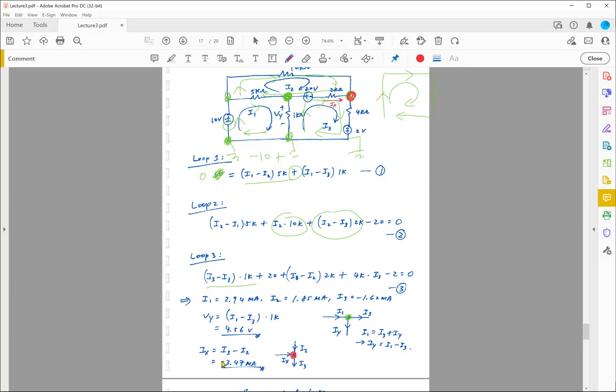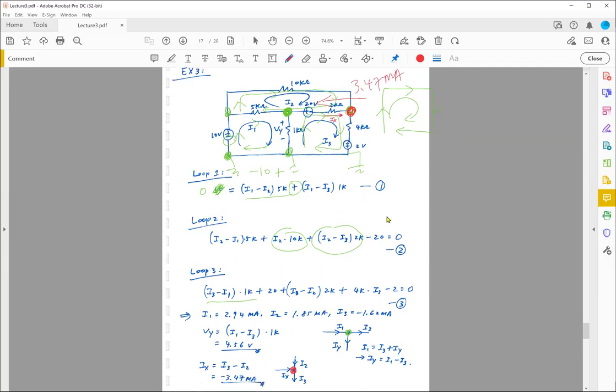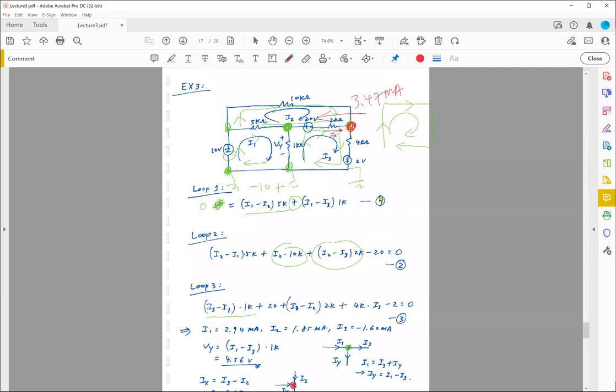But this Ix turns out to be negative. So if I reverse the direction of this current, and draw it like this, this current is going to be 3.47, in milliamp.